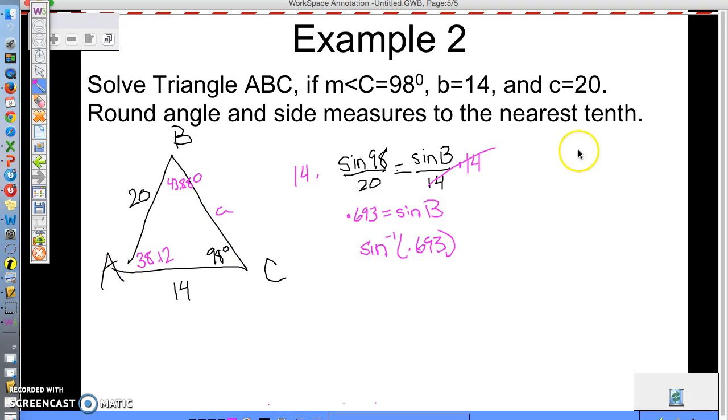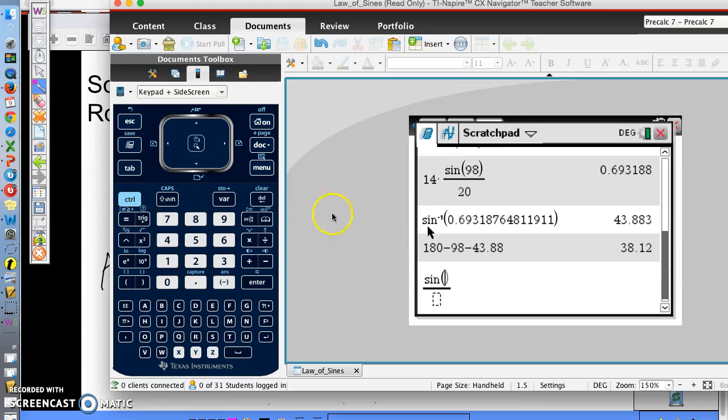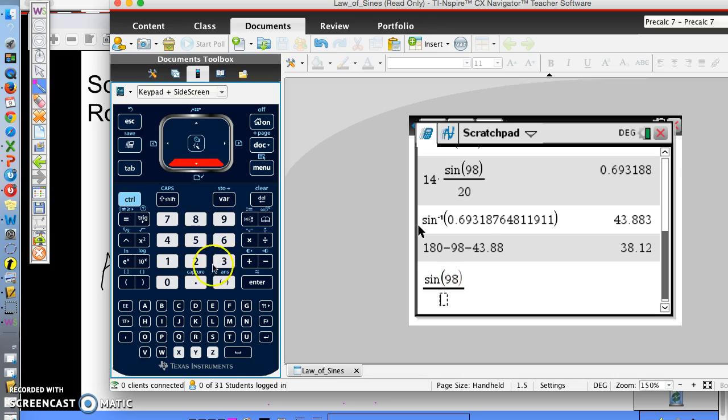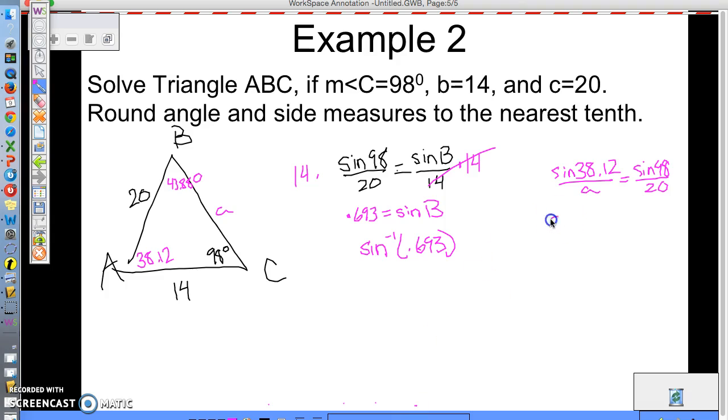And now it's time to find little a. So we have the sine of 38.12 over little a equals the sine of 98 over 20. So let's see, what does that side equal? The sine of 98 over 20, 0.0495. 0.0495 multiplied by a.